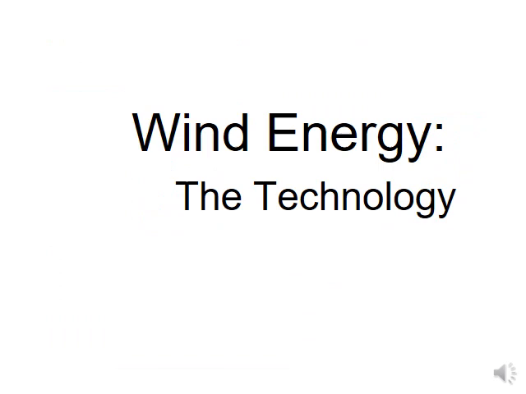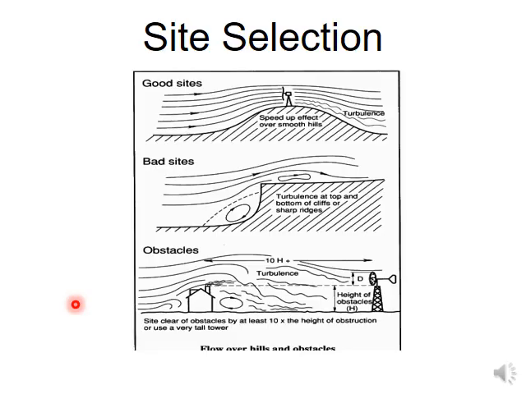Now the wind energy technology. First of all, the most important parameter for installing the windmill is the site selection, because we know that wind energy is produced by wind velocity. When we discuss wind power, we will see that there are three parameters, which we have already discussed.